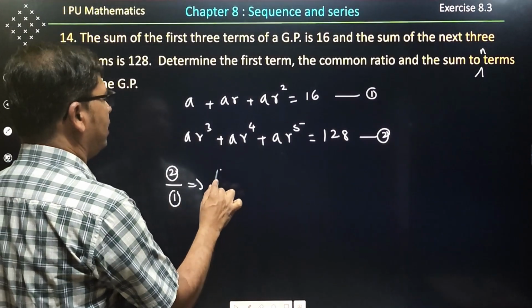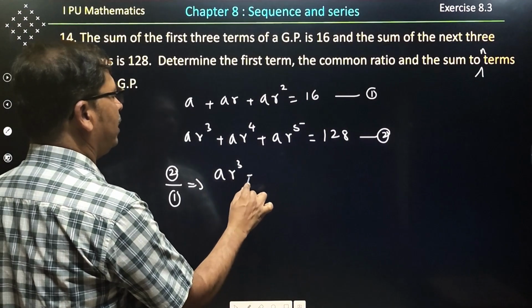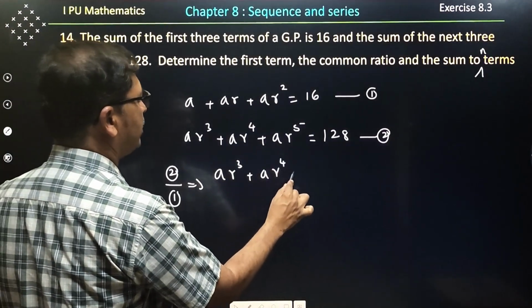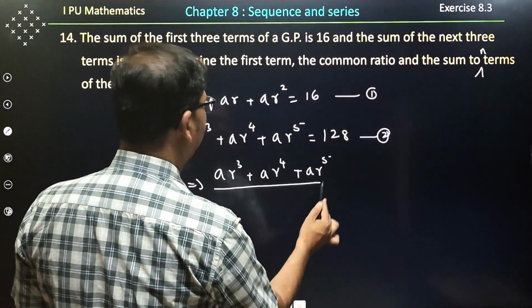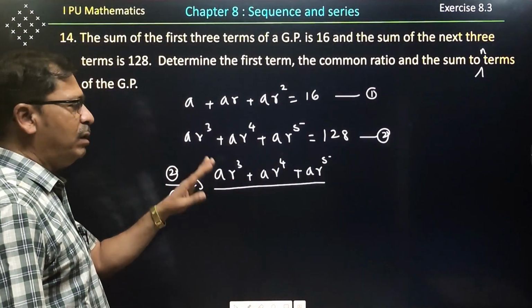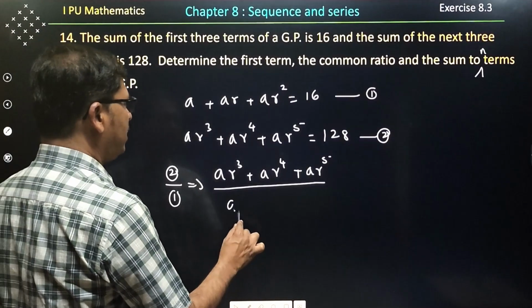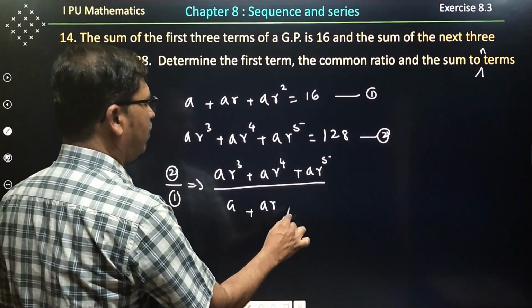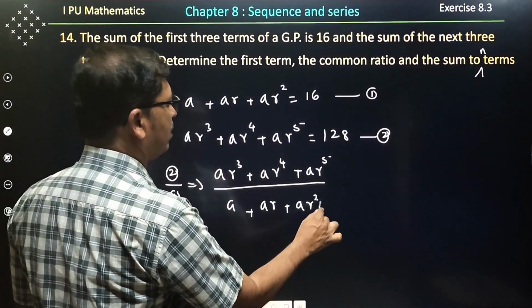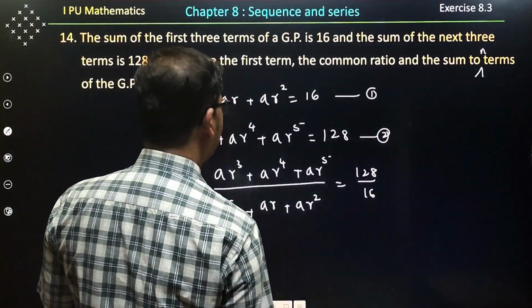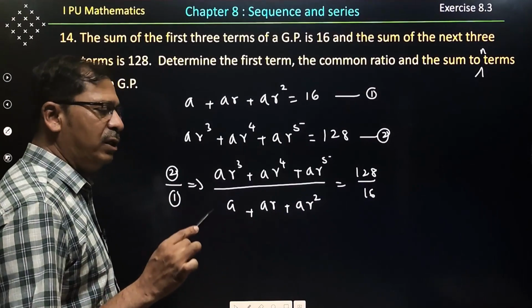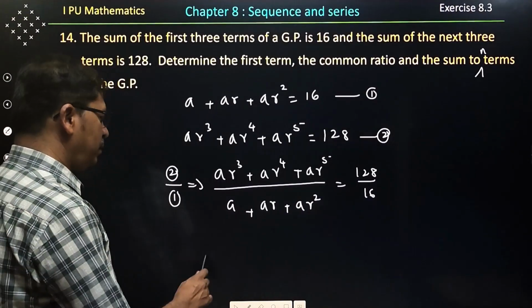What happens, you see. ar to the power 3, ar to the power 4 plus ar to the power 5, divided by the left side of equation number 1, write as it is, a plus ar plus ar square. This is equal to 128 divided by 16. You take whatever is common in the numerator. a is common.